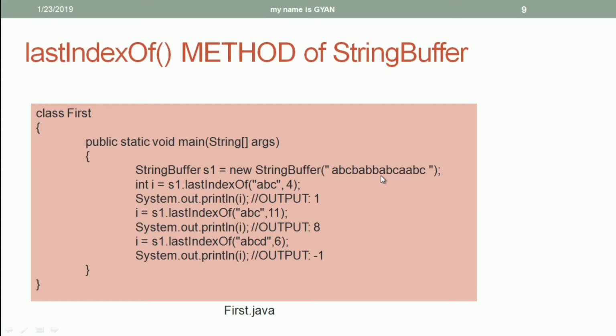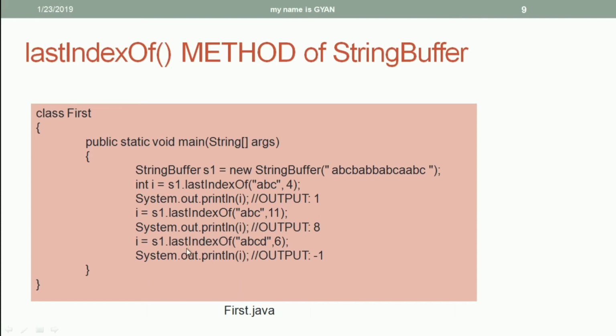You found the first occurrence of the string ABC while going backward at the index number 8. So the last occurrence of the string ABC within this substring from index 0 to index number 11 is at the index number 8. That's how the number 8 is returned by the method lastIndexOf and collected in the variable I. When we print the variable I, it prints 8.